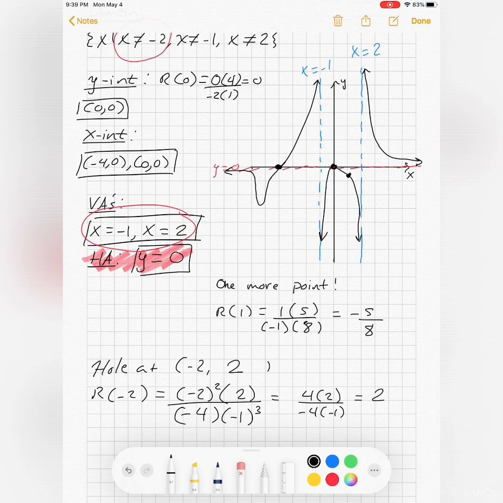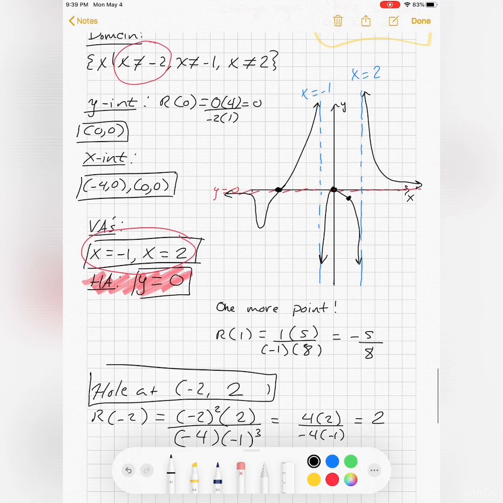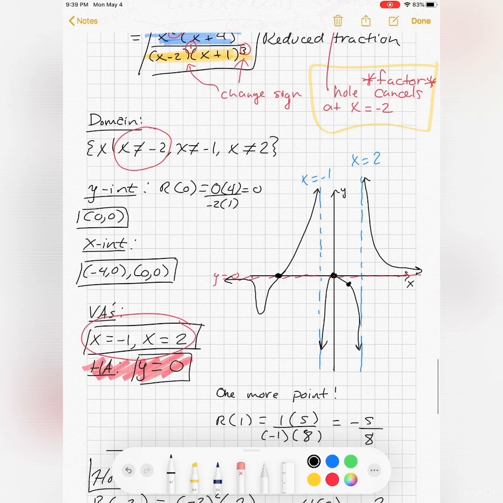What is that, 2? Let me go ahead and place that hole on the graph at -2, 2. Okay, so maybe I'll just change my shape slightly to make sure that it goes through that hole in the graph at -2, 2.